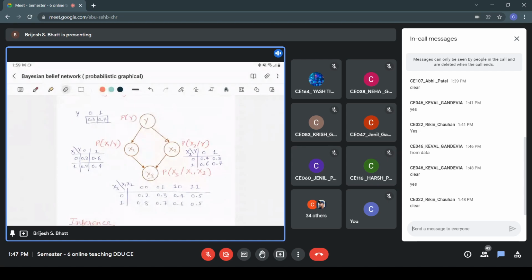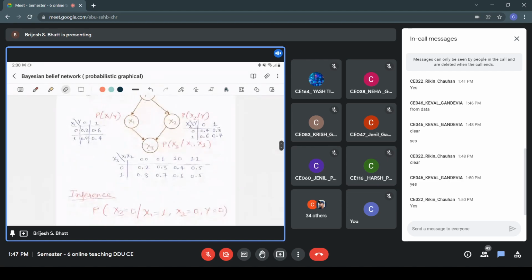Once this is done, your network is trained, and now you can use this network to answer inference questions. Have you noted this down? If so, let's try to answer an inference question.